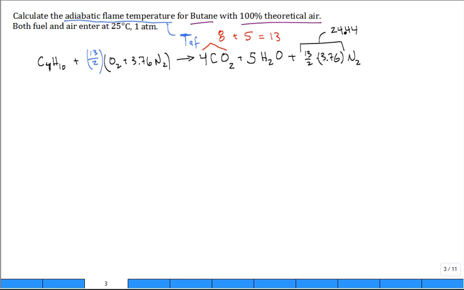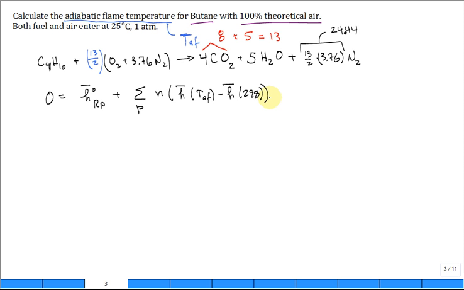We go ahead and write our first law. 0 is equal to the standard enthalpy of combustion plus the sum over all the products, and we'll go ahead and expand this out so it's the stoichiometric coefficient of the product, the molar enthalpy at the exiting adiabatic flame temperature, and the molar enthalpy at the reference 298 Kelvin temperature.